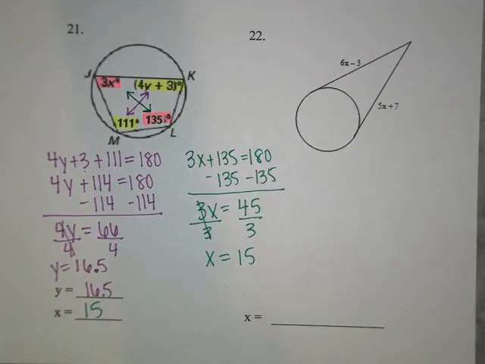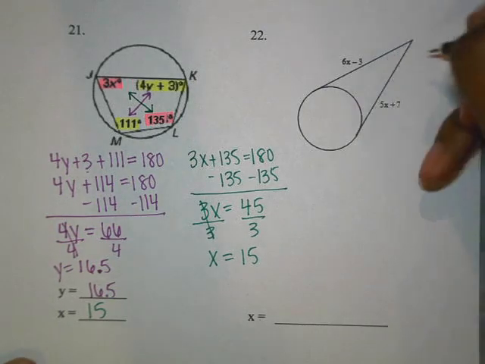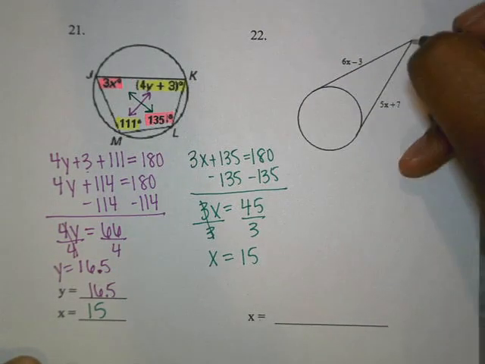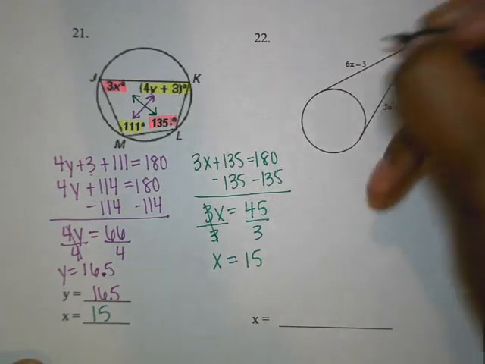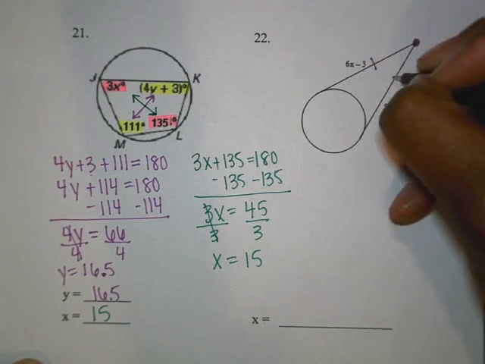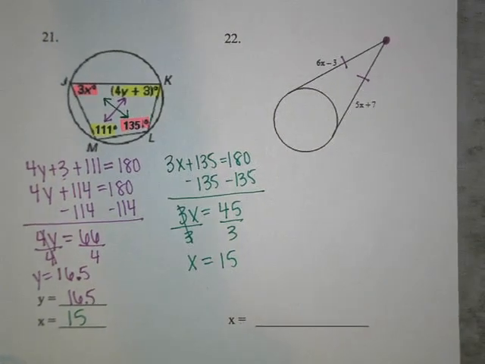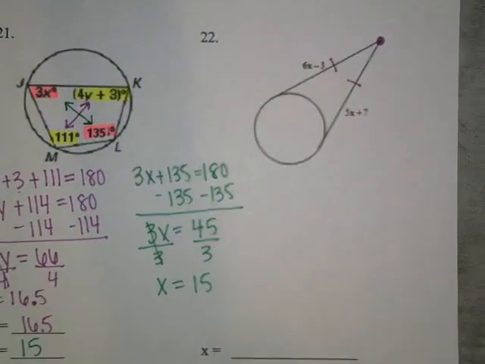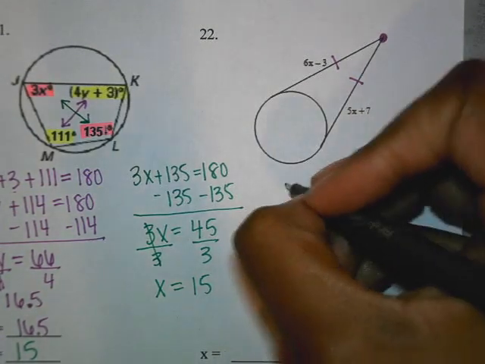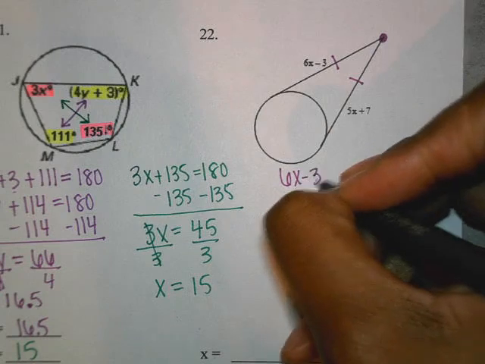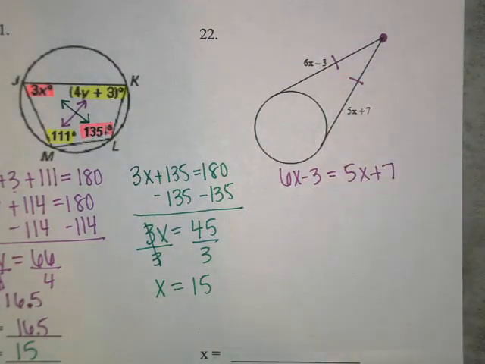All right, and number 22, you guys did very well with this. We did this on like day 1. I have two tangents here that meet at a mutual vertex, a mutual point. So that means that this tangent is congruent to my other tangent. So therefore, and you probably can't read that too well, that means that 6x minus 3 is equal to 5x plus 7.